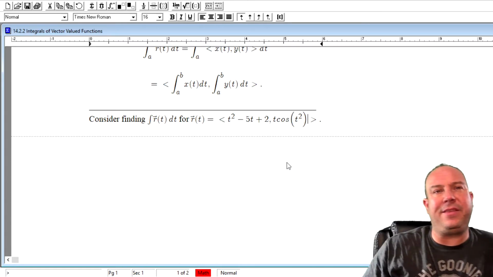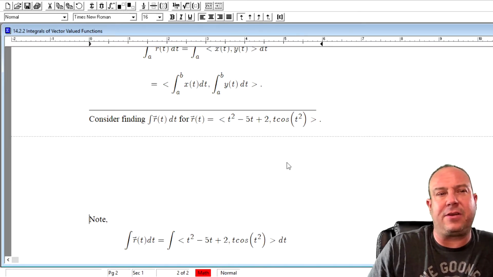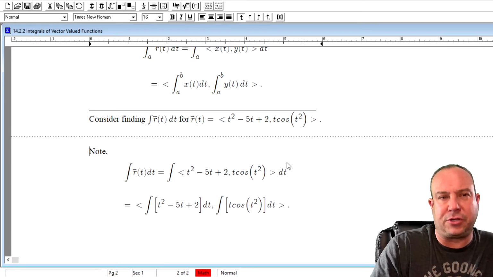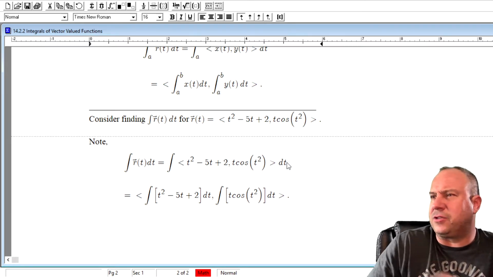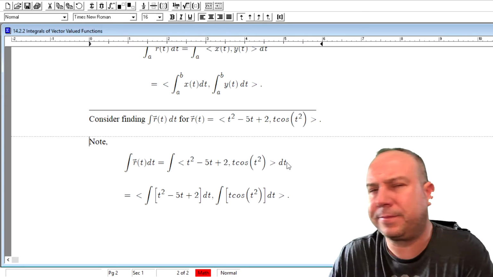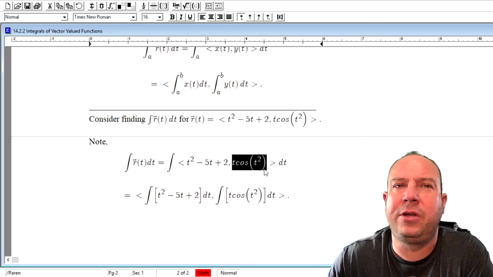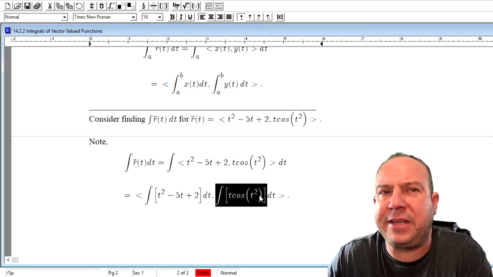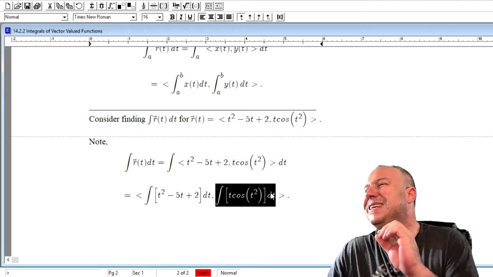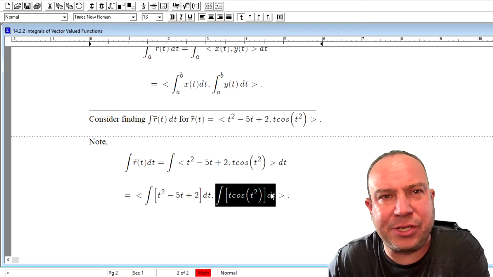If we apply the indefinite integral operator to that vector function, it will just distribute itself across the scalar value functions found in each component. Right? It will distribute itself to this first component, and it will distribute itself to the second component. And what we will be left with is finding these two scalar value indefinite integral calculations.